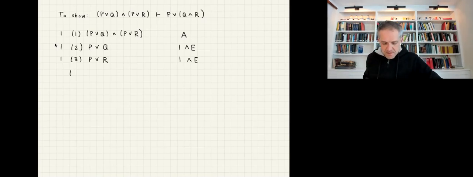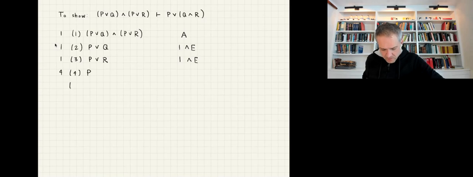But actually, it turns out to be a little bit simpler than that, because if we start working with the first disjunction, P or Q, and we assume from the first disjunction, P, notice that line 4 by itself is sufficient to get the conclusion. The conclusion we want is P or Q and R. So once you have P, the conclusion follows.